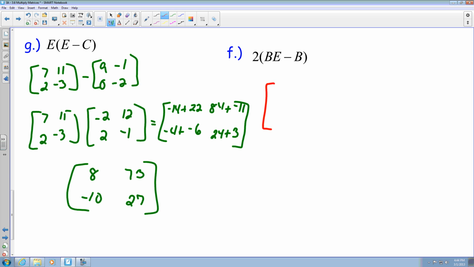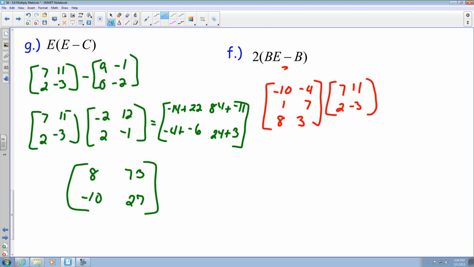B is negative 10, negative 4, 1, 7, 8, and 3. And then I have E, which is 7, 11, 2, and negative 3.